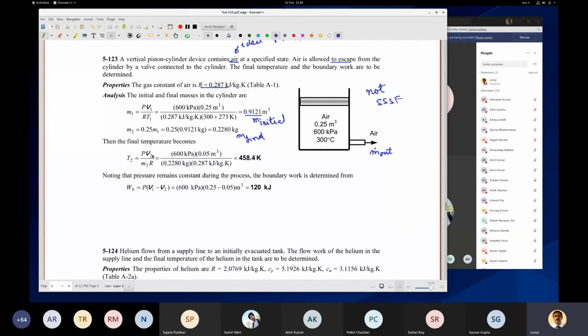If the pressure is maintained, initially this is the pressure and this is the initial volume.